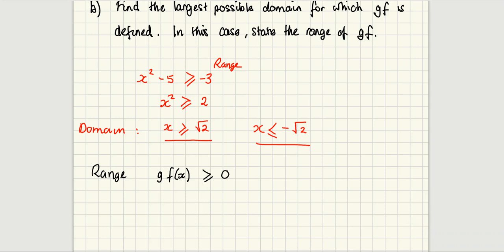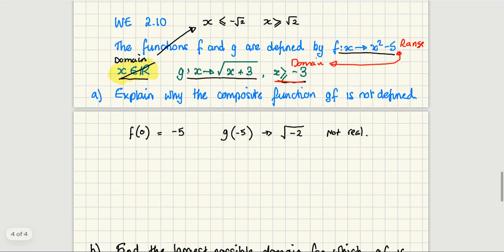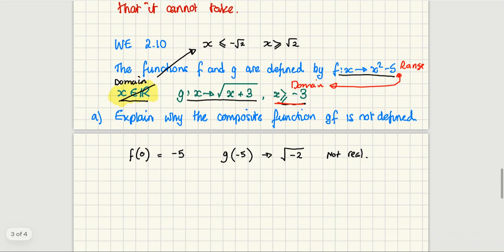x is smaller than minus root 2 and larger than... So remember what we're doing. Let's go back to this stage. So we put in, f of 0 is -5. 0 is between these, yeah? So basically, if I were to do a number line, what would my number line look like?